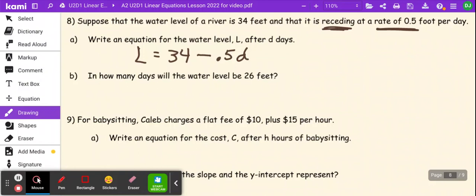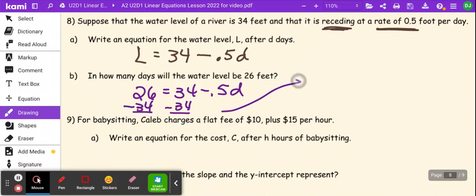Now, there's a part B. In how many days will the water level be 26 feet? Well, that's why I have an equation, because now I can just put the 26 feet in for the water level and then solve for my days, which is, again, just easy peasy. Subtract 34 from both sides. I'll bring that over. -8 equals -0.5 days.